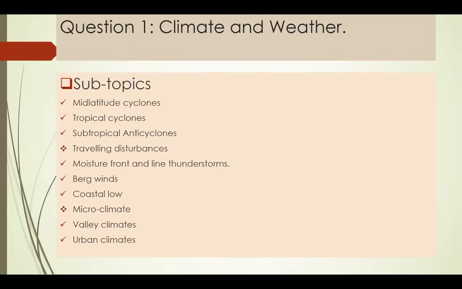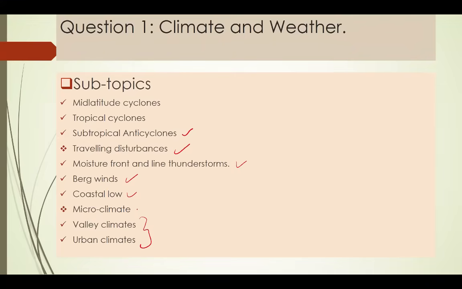The first one will be your mid-latitude cyclone, your tropical cyclone, subtropical, your traveling disturbances, moisture front, Berg winds, coastal low, and then we're also going to look at microclimate. We'll look at your valley climates as well as your urban climates.